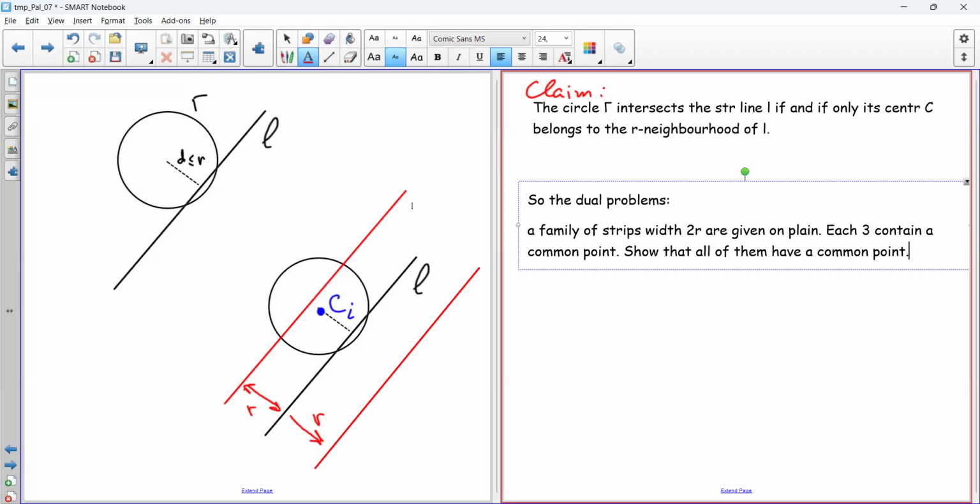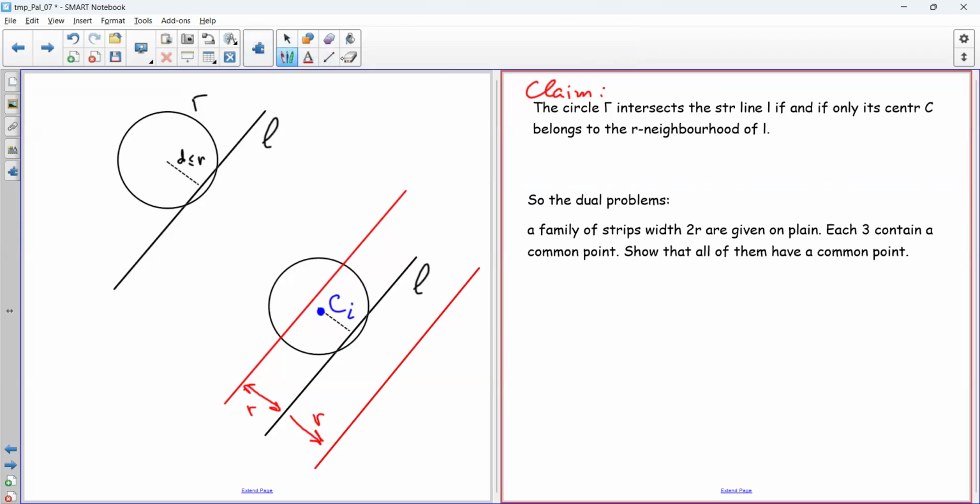And for these convex figures, we apply Helly's theorem, and we basically get the result. So no miracles.